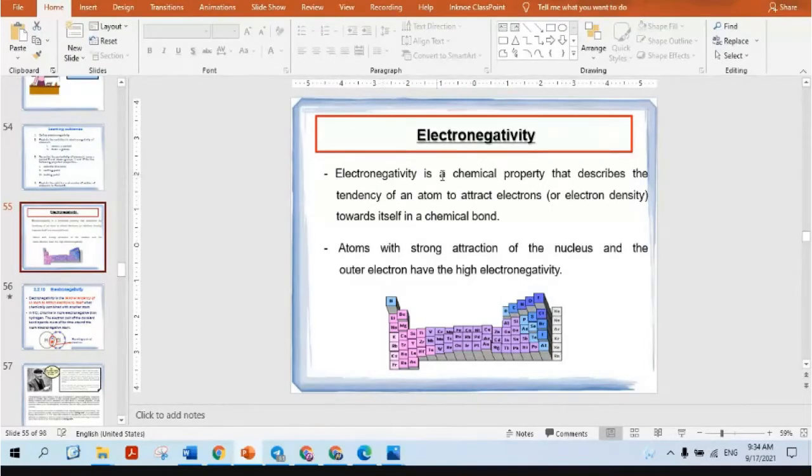Okay, electronegativity is a chemical property that describes the tendency of an atom to attract electron or electron density toward itself in a chemical bond. This is the definition. So an atom with strong attraction of the nucleus and the outer electron has high electronegativity.